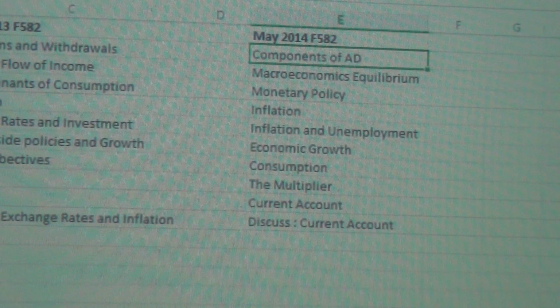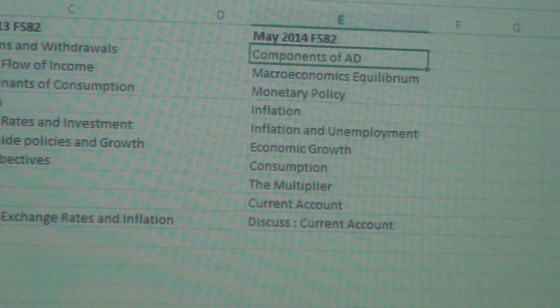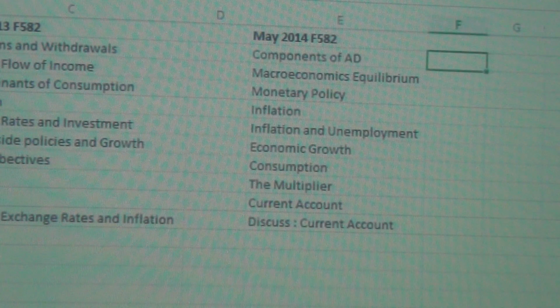So now, having looked at all of that, what you can do is you can go back to your specification, look at what has been assessed in the previous 3 sessions, and now look to see what might be, and this is by no means foolproof, but you can look and see what might be tested in the May 2015 paper. So I've had a go at this, and here's my thoughts for what they're worth on it.